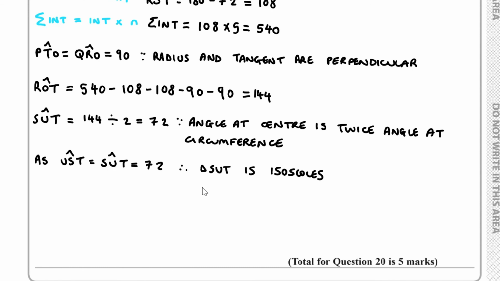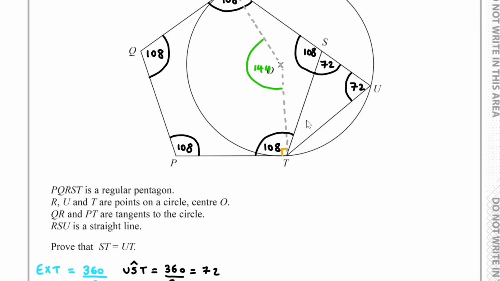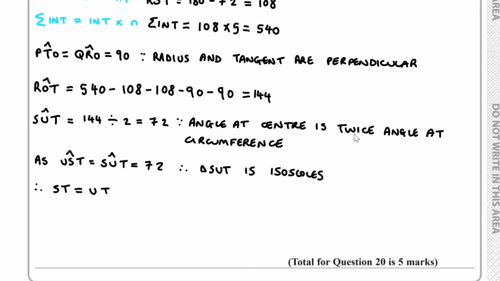Okay, and because of that, we can conclude that ST equals UT, because two sides must be the same length for an isosceles triangle. Hence this length is equal to this length, and that's exactly what we wanted to show.